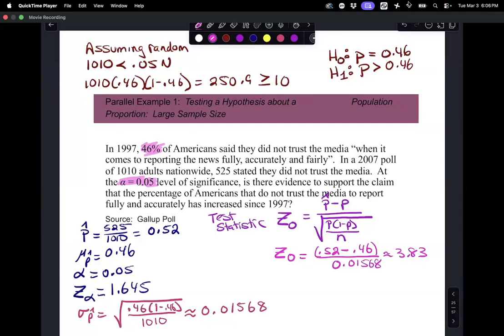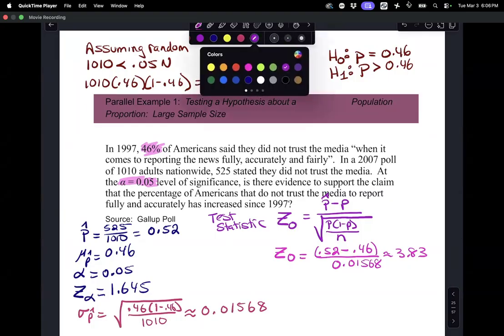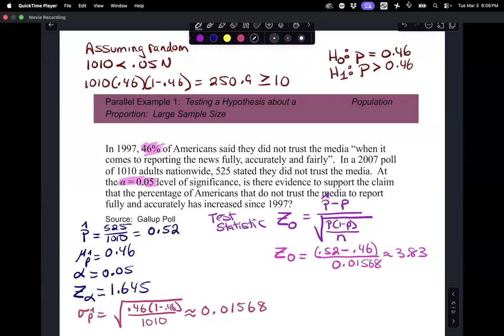All right, let me show you what we have just found, because this is a lot of stuff on this page. I know it's super busy. I'm going to draw a picture. So here's my normal curve, right here in the middle. My critical value puts me 1.645 standard deviations above the mean. So my critical value is right here, 1.645.